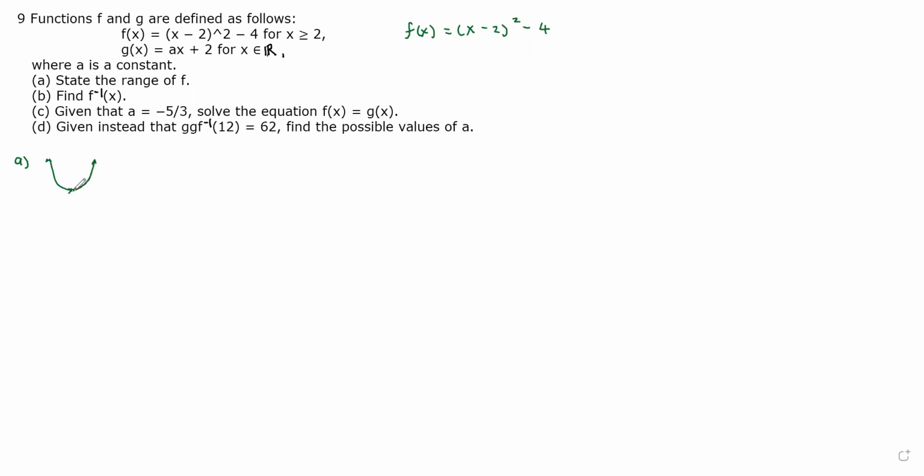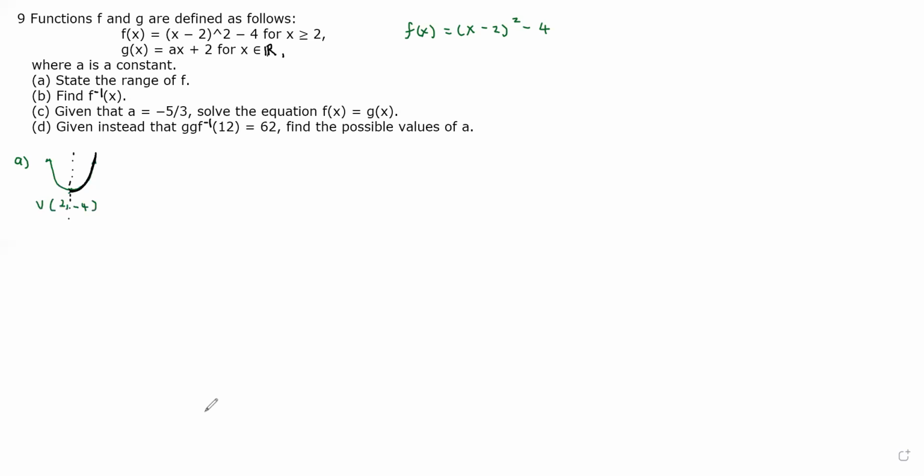And then the vertex here is given by (2, -4). So that is the vertex. But this f(x) is only defined for x greater than or equal to 2. So we are only looking at this part of the function, where x is greater than or equal to 2.